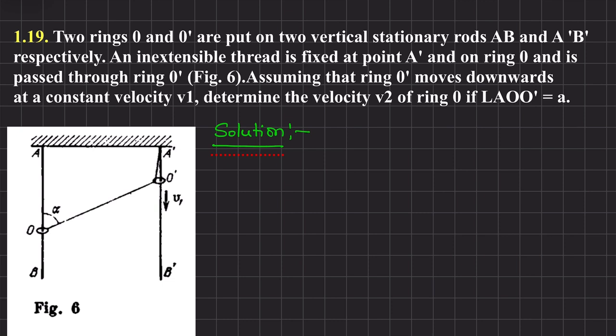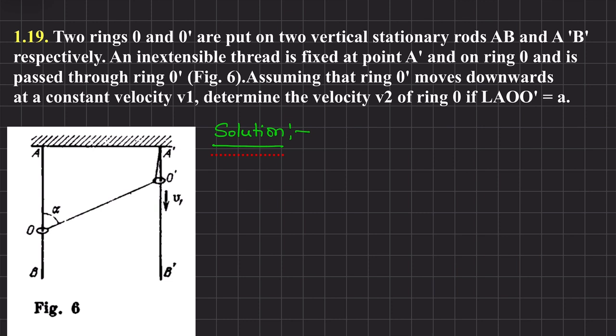An extensible thread is fixed at a point A dash. One end of the string has been fixed from here, taken through this ring, and then connected to this other ring. It is fixed at point A dash, on ring O, and is passed through the ring O dash. We can see that from this figure.